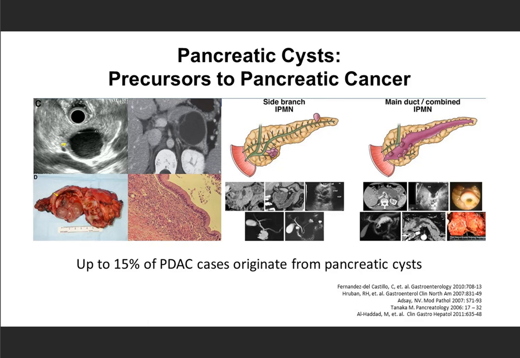And if we assume that only up to 15% of PDAC pancreas cancer cases originate from them, the vast majority of patients with cysts, even though these cysts may be precancerous, most of them are indolent in that they grow slowly. And while they might become cancer sometime in the future, it often is decades in the making, such that while we do worry about these cysts, only a very small proportion of them will actually go on to become cancer in a person's lifetime where it is relevant to follow.